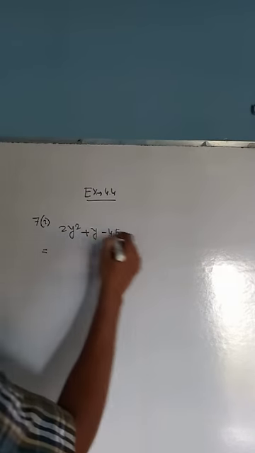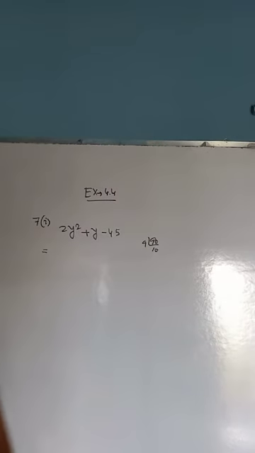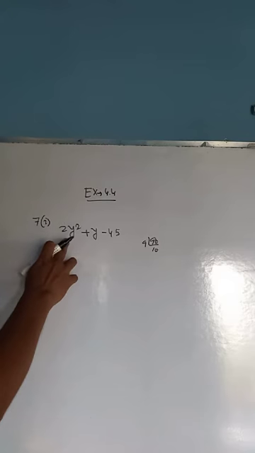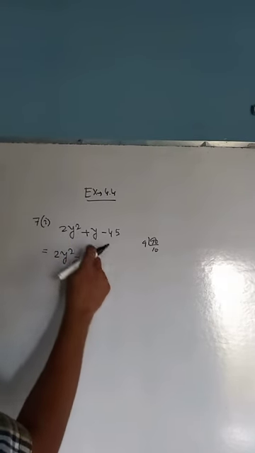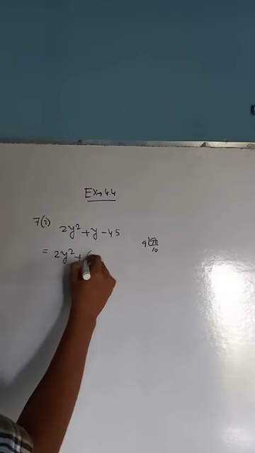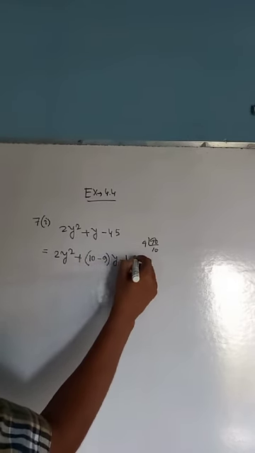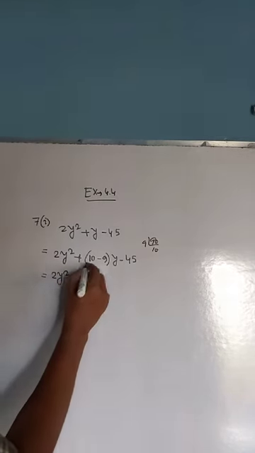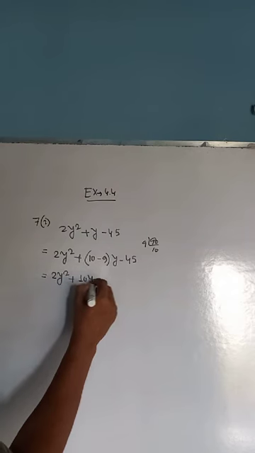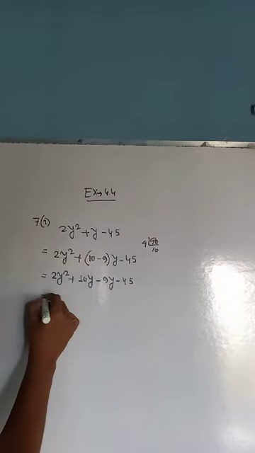So 90 you can split as 10 and 9. The last one is a minus, so 2y square plus 10y minus 9y minus 45.